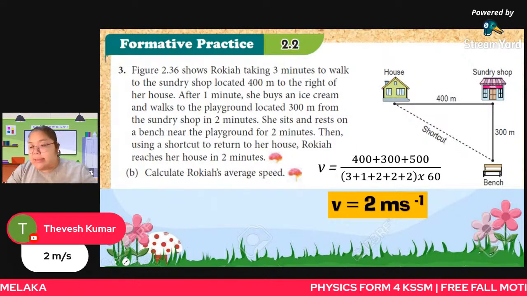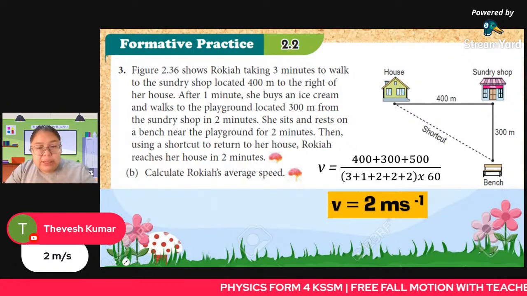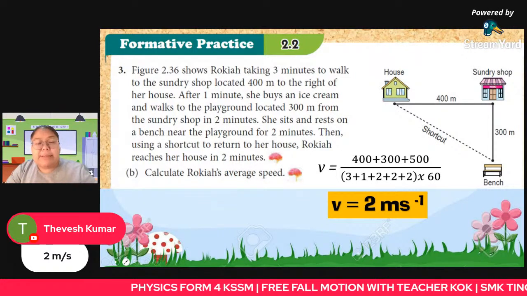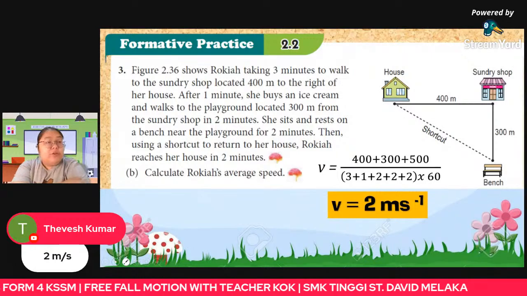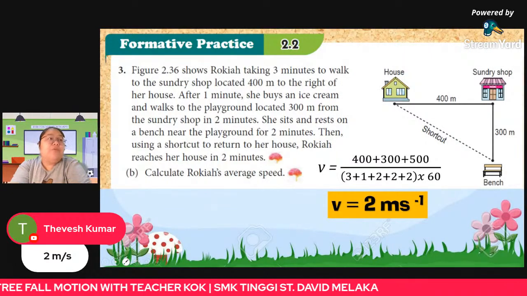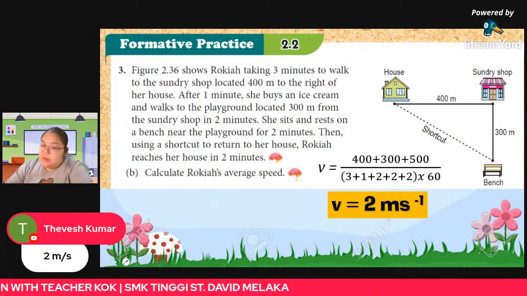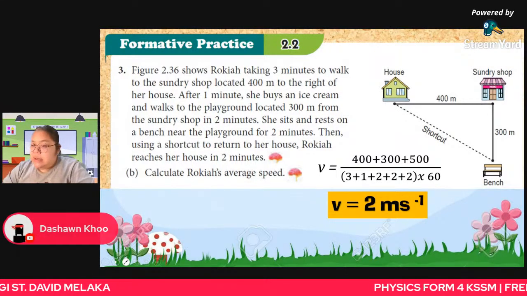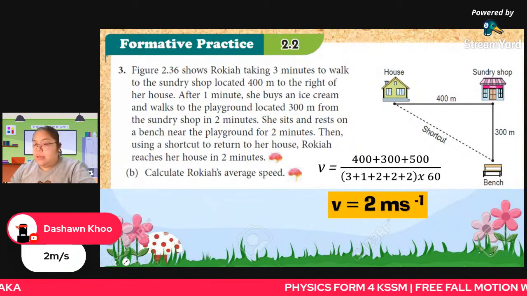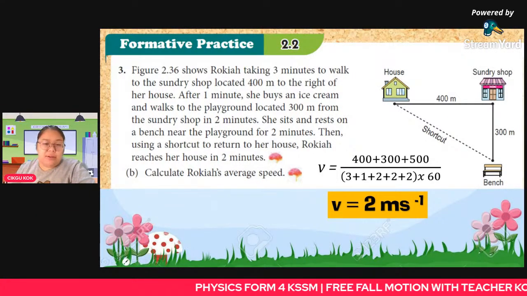Yes, exactly the answer, 2 meters per second. So I think you understand what average velocity means. Winnie also correct. Then we go to the next part.